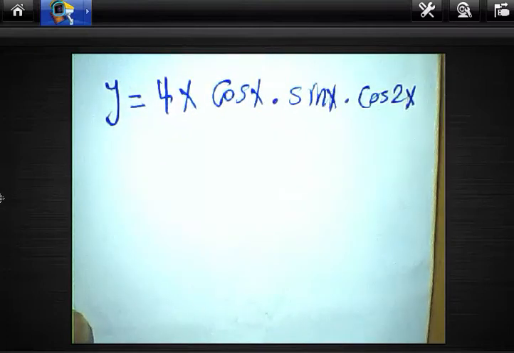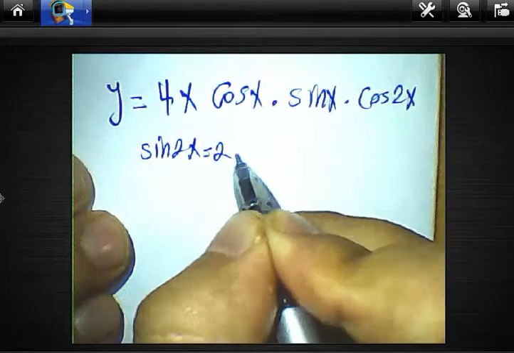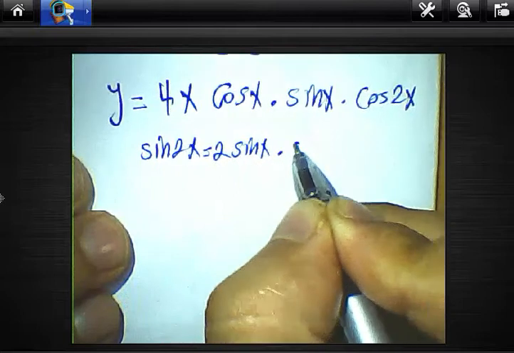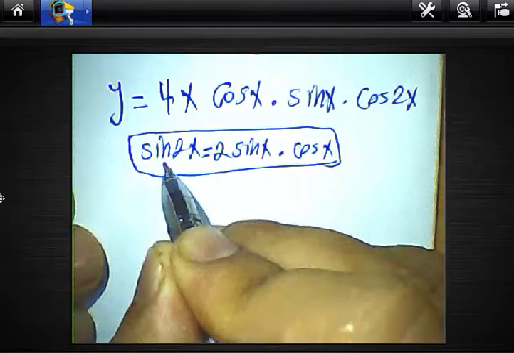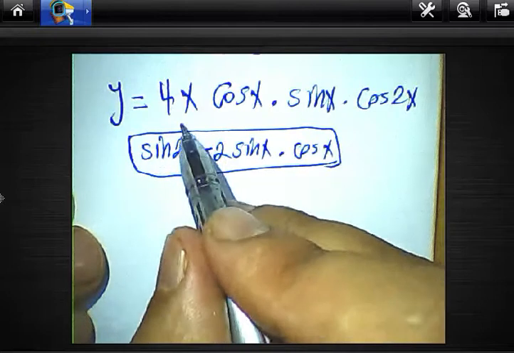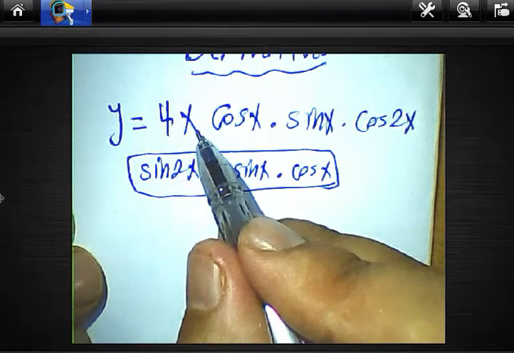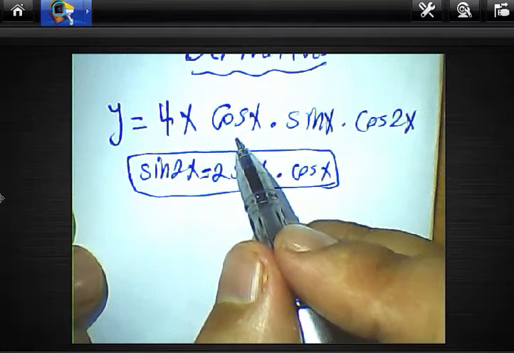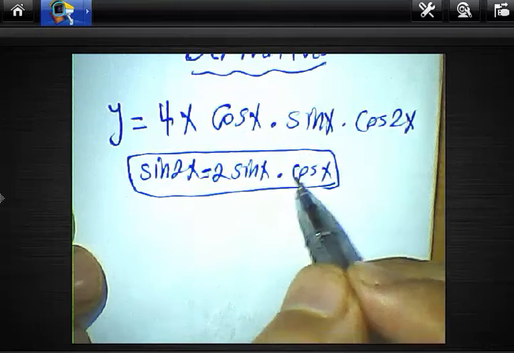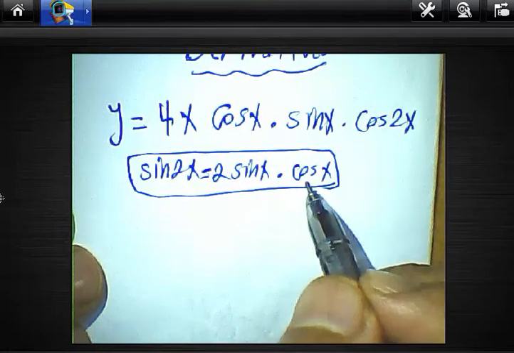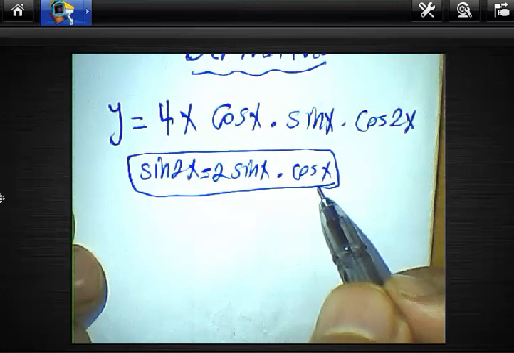We know sine 2x equal to sine x multiply by cosine x. Okay, you must know this property about sine 2x. In this example, we can write here 4 equal to 2 multiply x multiply cosine x multiply by sine x, and we have tan x cosine 2x here.